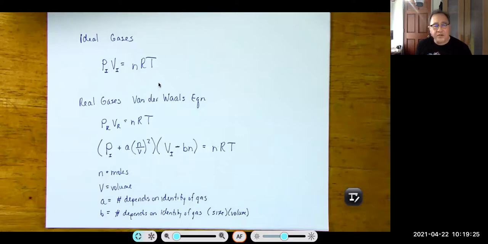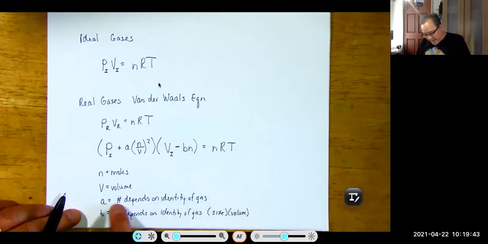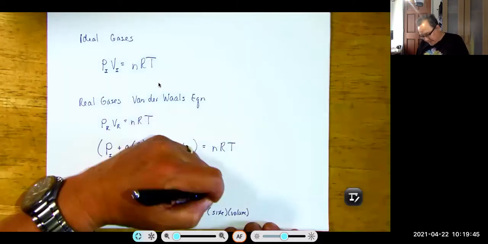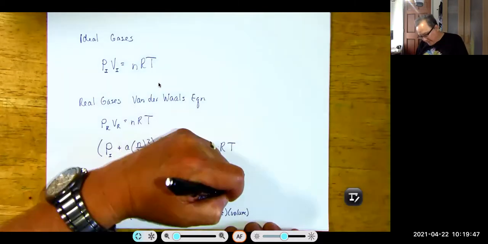So two H2O molecules are very polar compared to two ammonia molecules, which are also polar, but not as much. And they're about the same size. So you would expect to have a higher a value for water than for ammonia. So here, it depends on the identity of the gas. We're going to say size and polarity.